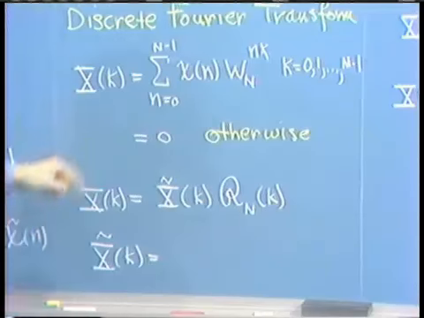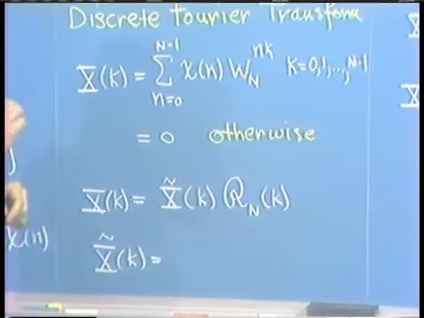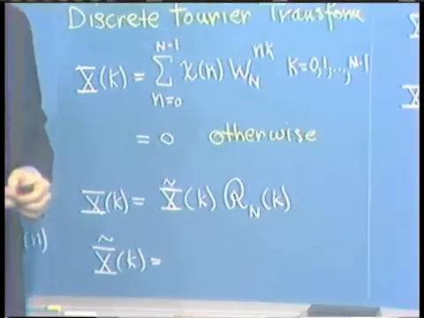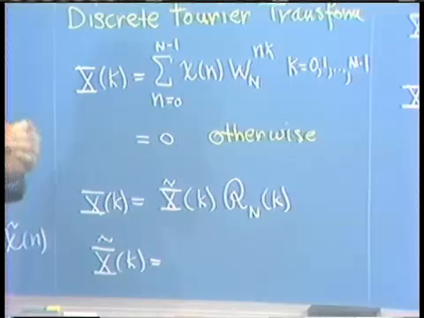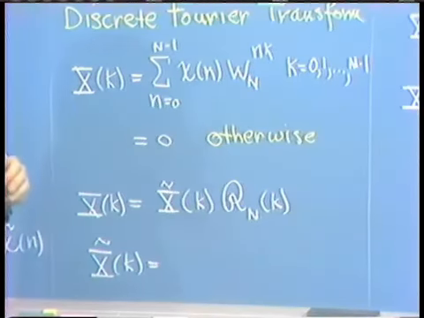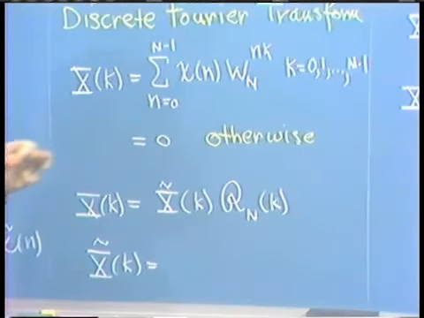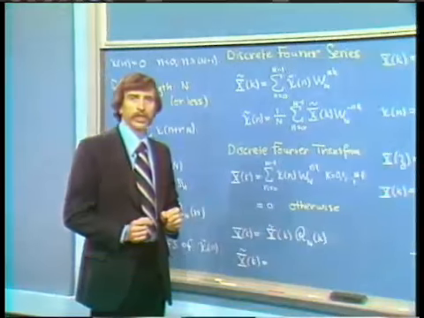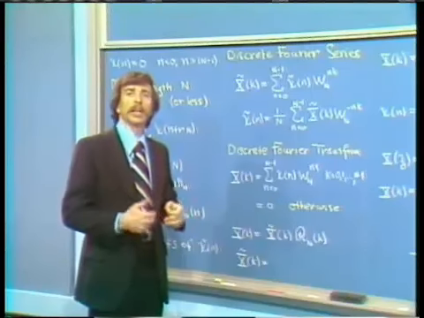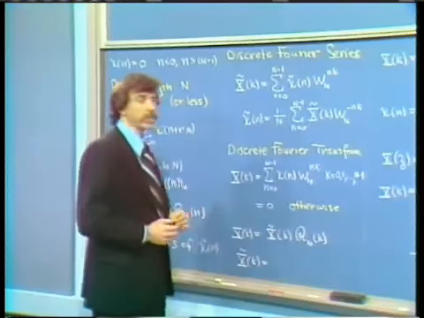It corresponds to the Fourier series coefficients of the periodic equivalent sequence for x of n, except that it is useful to maintain the duality between the time domain and frequency domain by interpreting the discrete Fourier transform to be a finite length sequence, since the sequence that we're computing the Fourier transform from likewise starts as a finite length sequence.